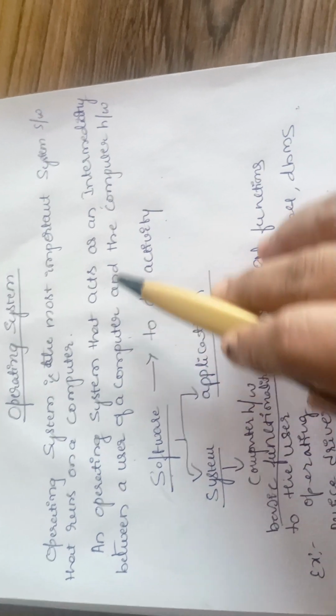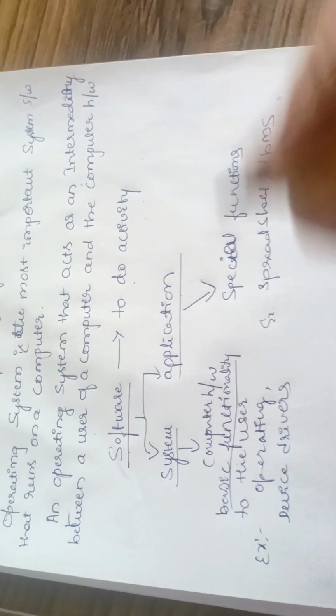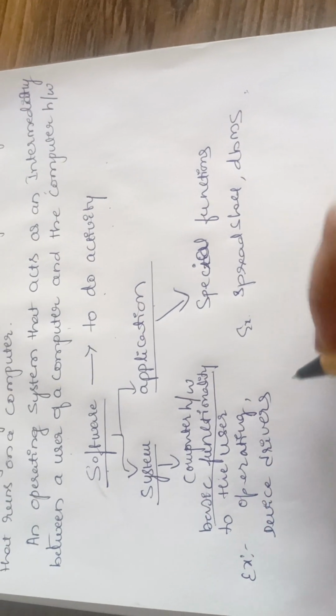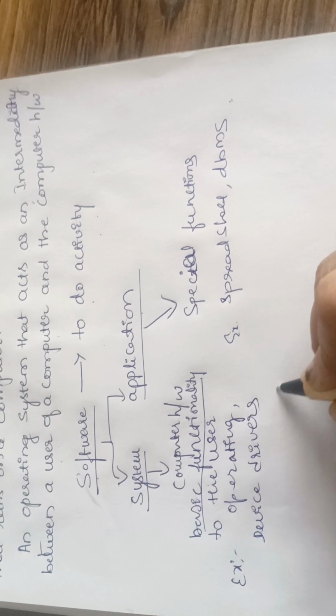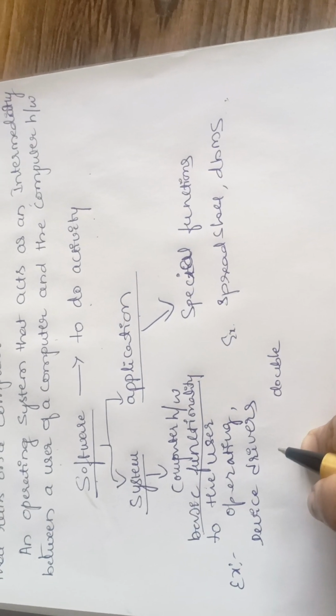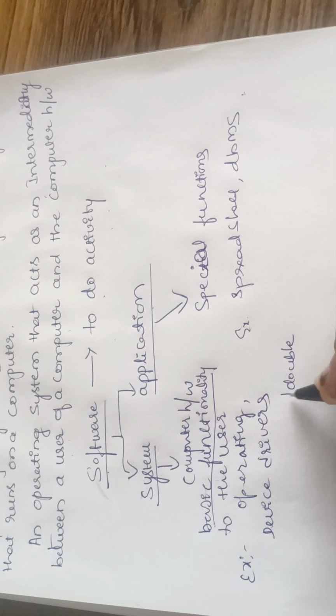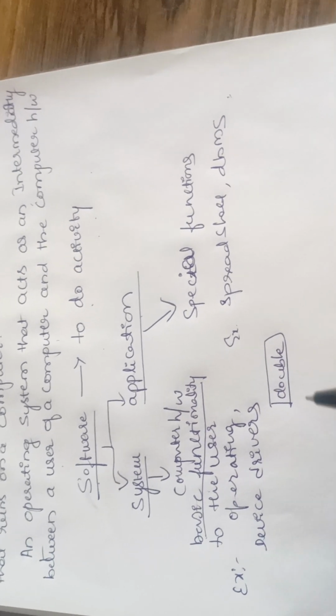That means it will manage the hardware. For example, if you double click on any folder or anything, it will get opened. How is it possible? That is because of the operating system.